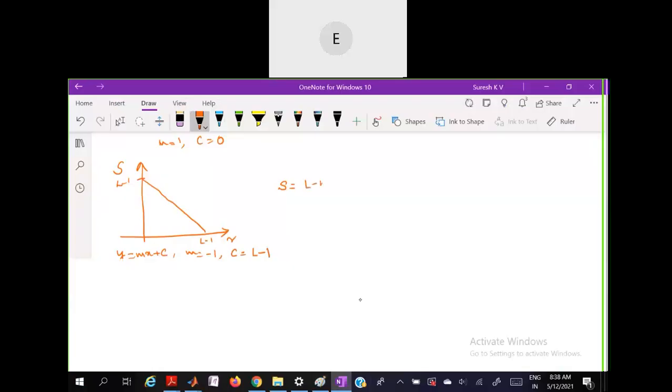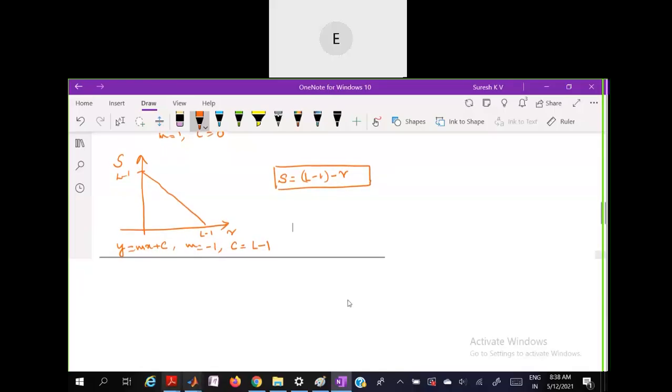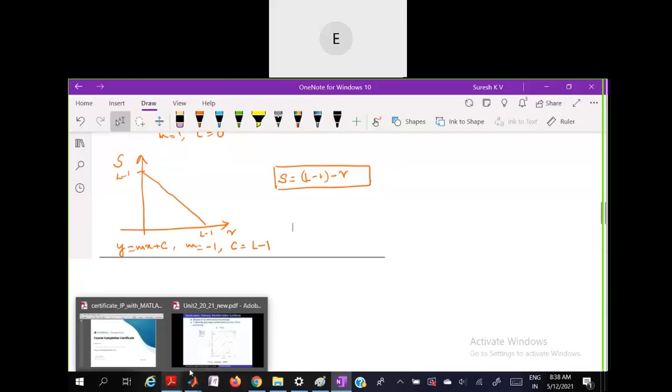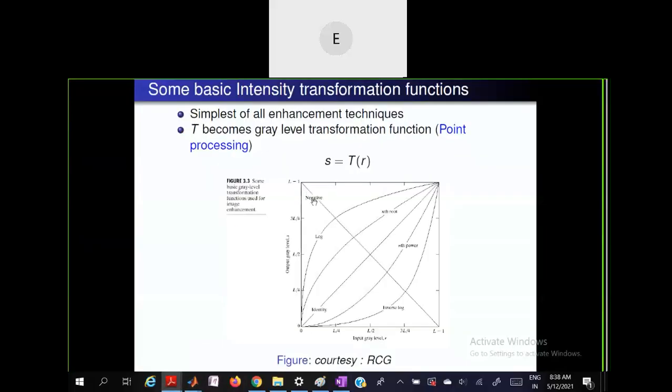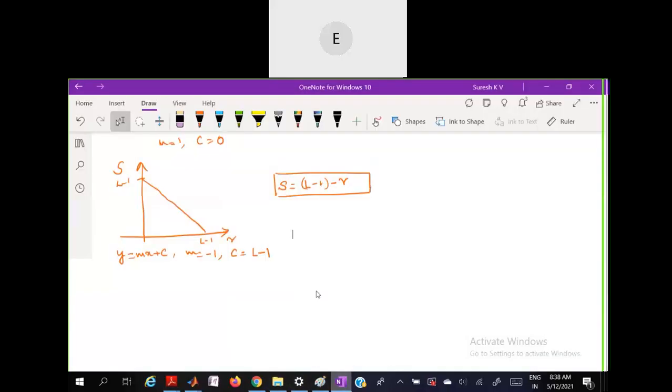L minus 1 minus R. Y is equal to mx plus c. M is minus 1, x is R, y is S, and constant is L minus 1. So this is the equation. That's exactly what I am going to explain in the next slide. So for this, the equation is L minus 1 minus R.